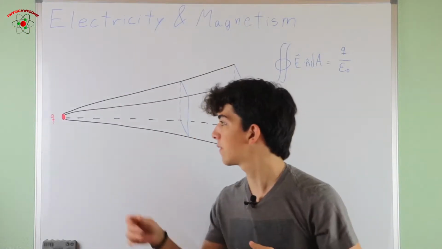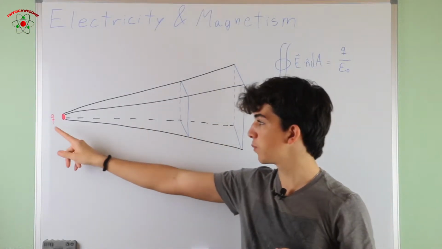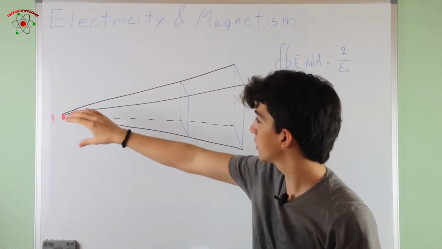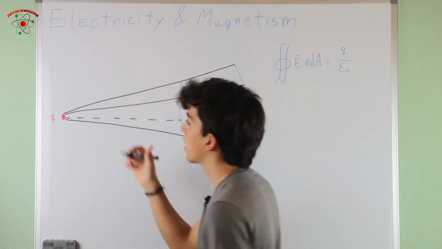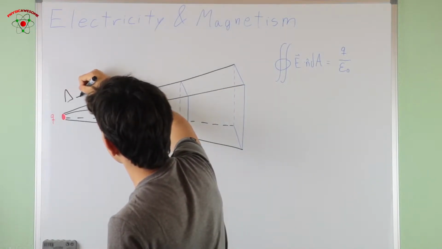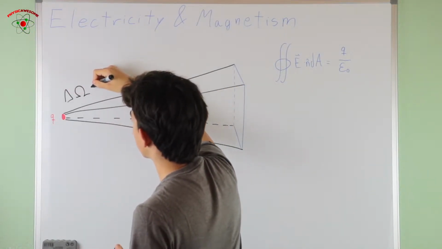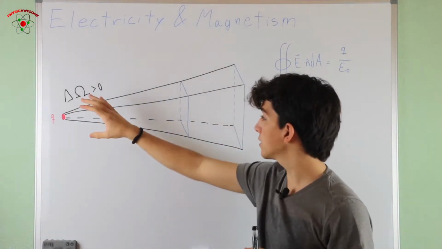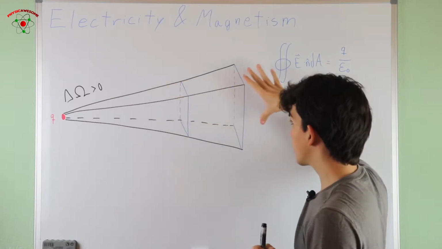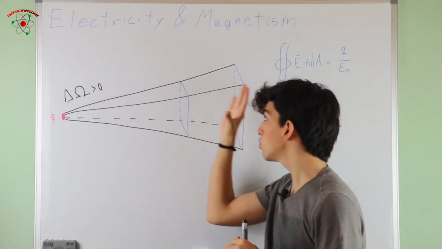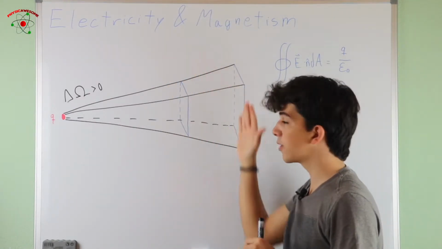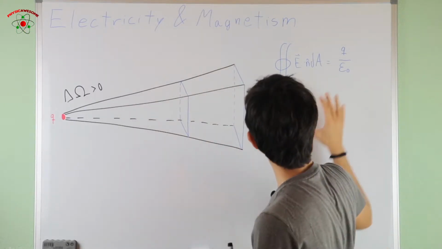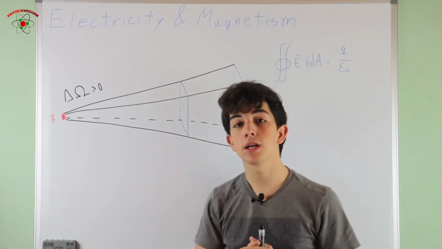In here we have our diagram in which we have a positive charge Q and it is opened. We have here a solid angle, delta omega bigger than zero, and we have this solid angle that goes over here, and in blue over here these are the barriers of our Gaussian surface, the surface we're going to use in Gauss law.